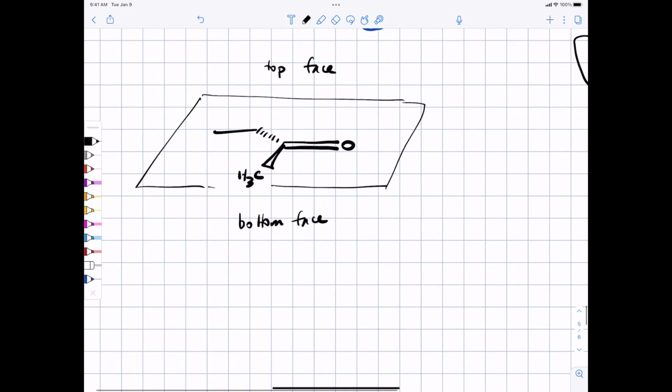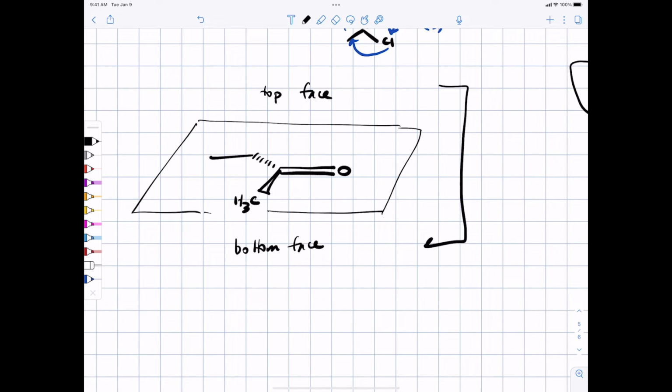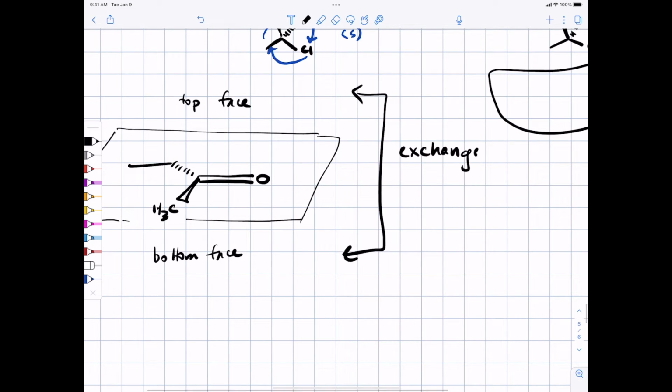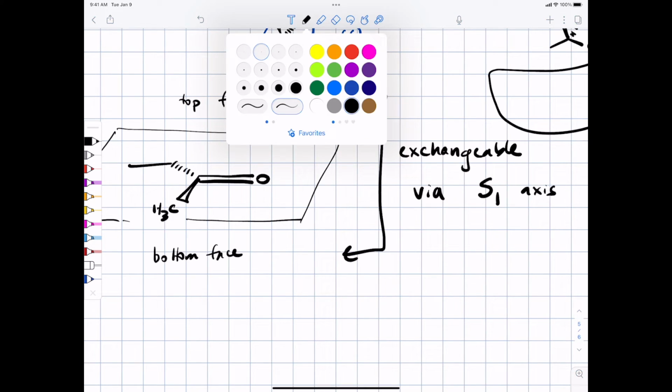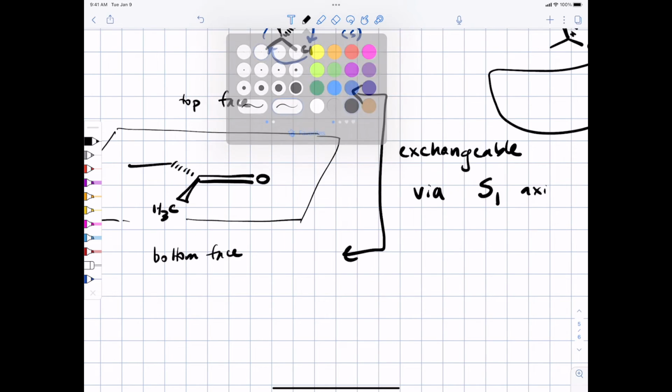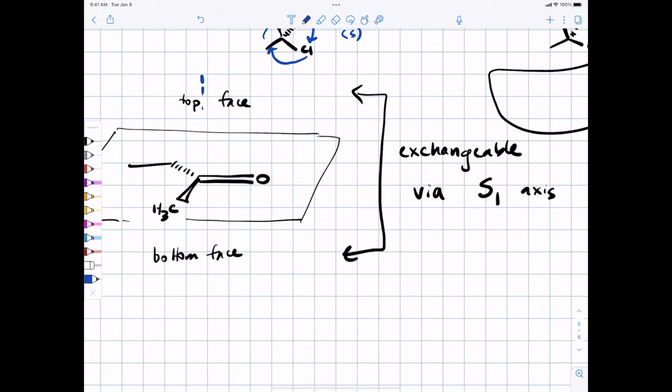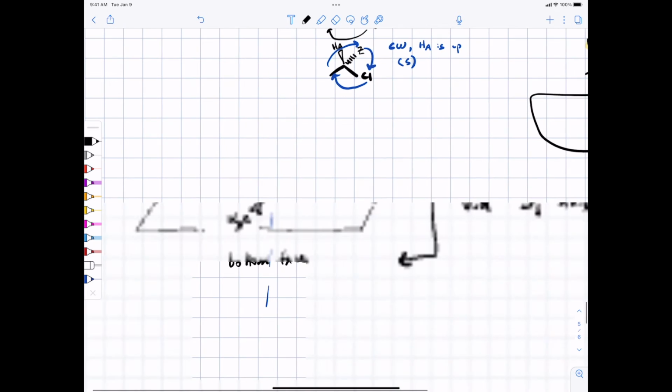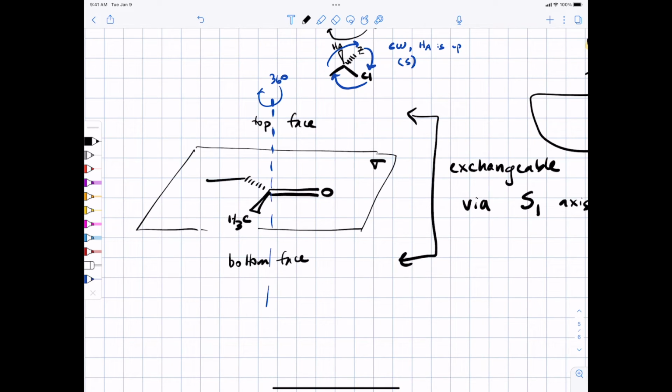And the top face and the bottom face are exchangeable via an S1 axis. The S1 axis is here. You rotate by 360 degrees and then you reflect through this mirror plane, and what was on the top is now on the bottom.